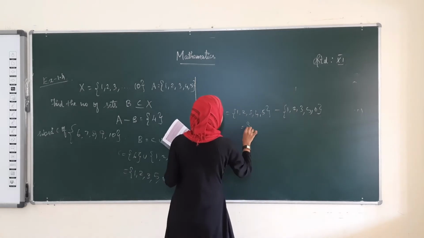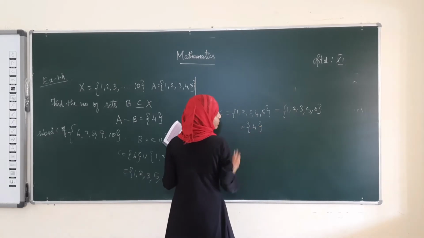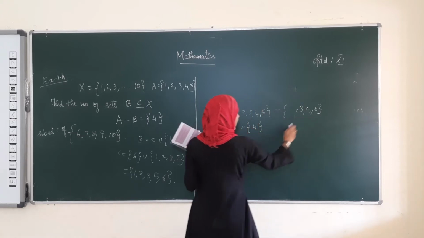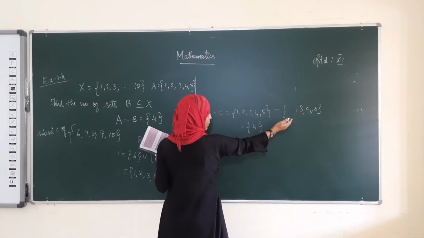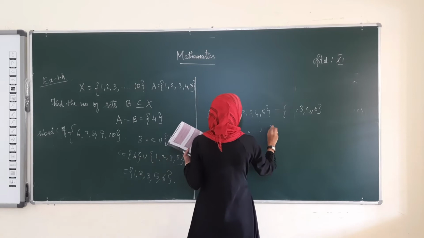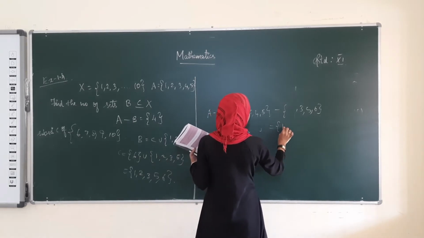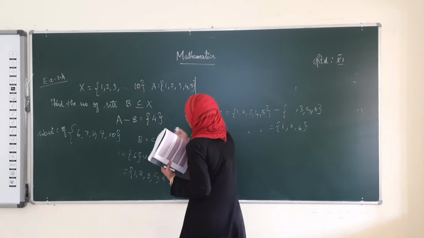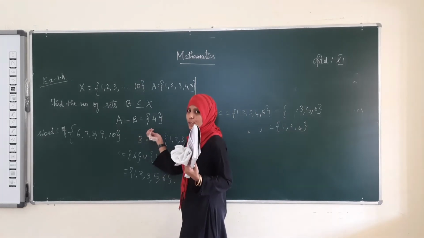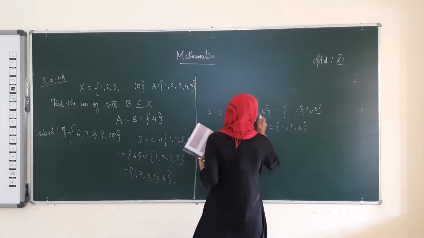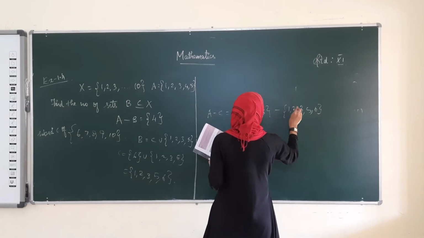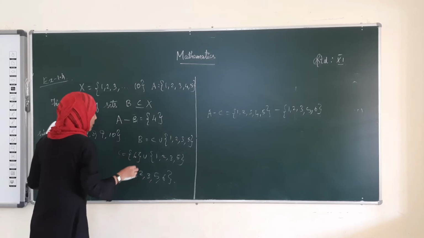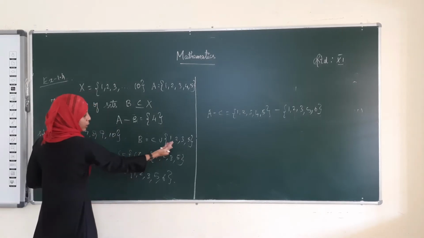What will be the answer? 4. Suppose we don't take 2 and 3, only this element alone, we don't get 4 alone, we get 1, 2, 4. But they have given the condition A minus B should be equal to 4 alone.